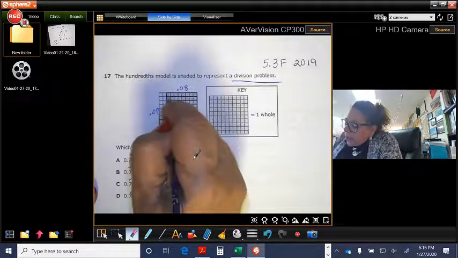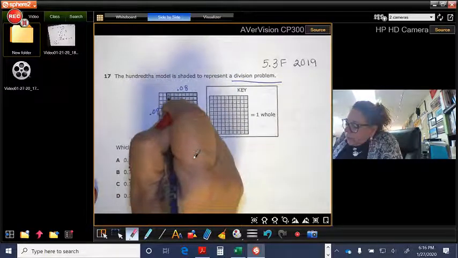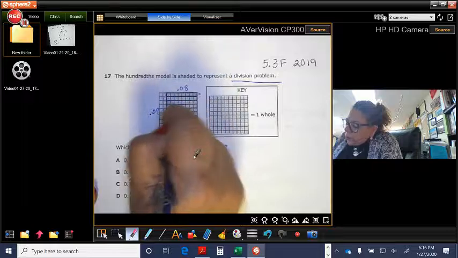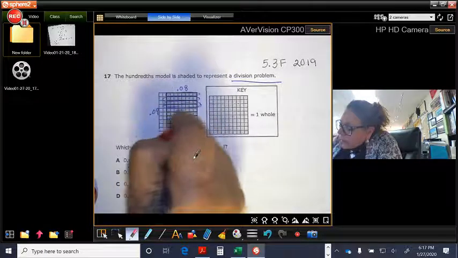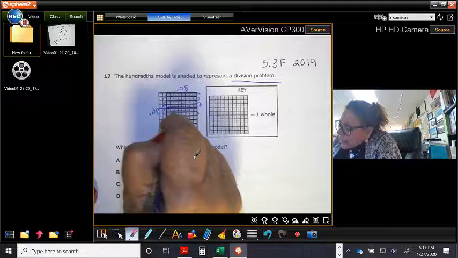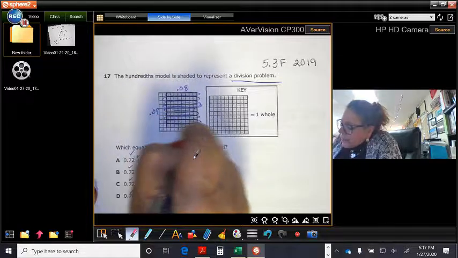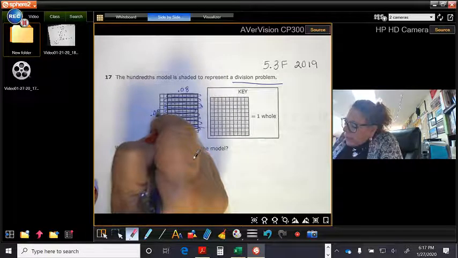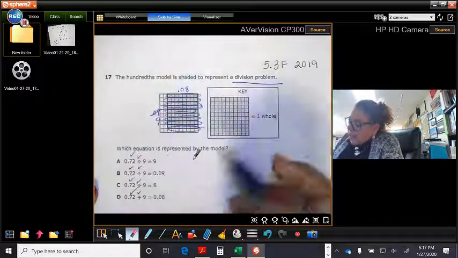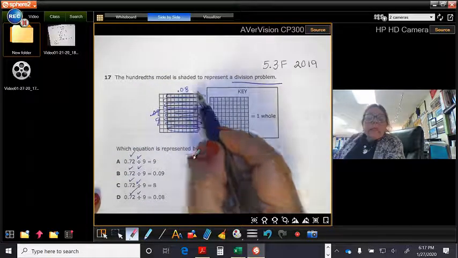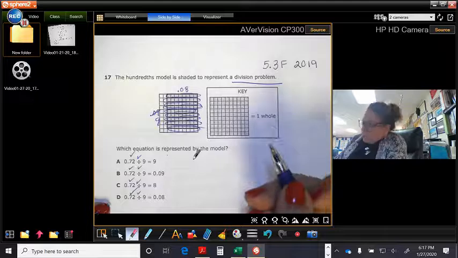So we have 9 rows. 1 row, 2 rows, 3 rows, 4 rows, 5, 8, 9. So we're going to have 9. And it's going to equal 8 hundredths, right?